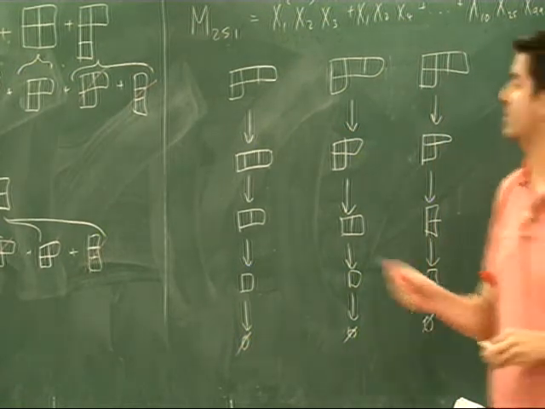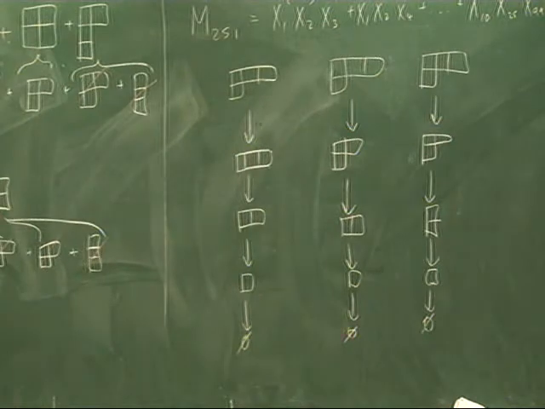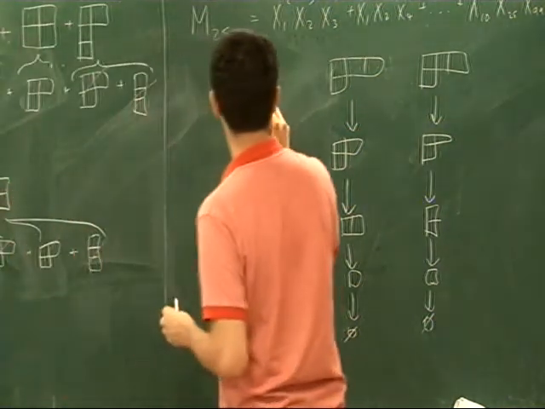You see there's 3, right? And the sequence of labels are minus 1, 2, 1, 0.